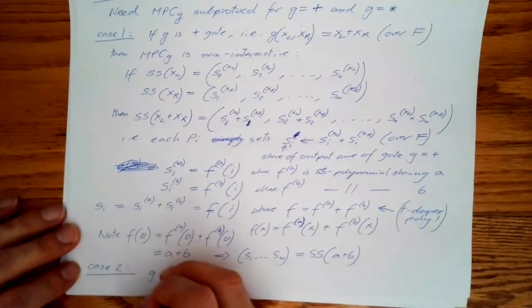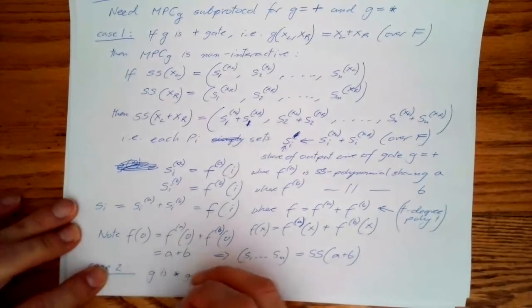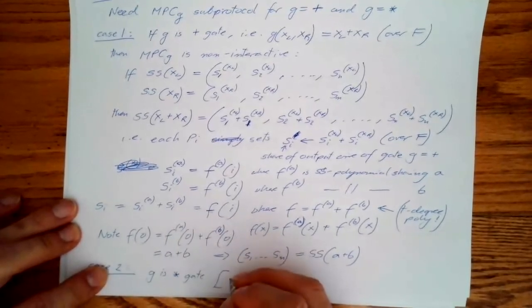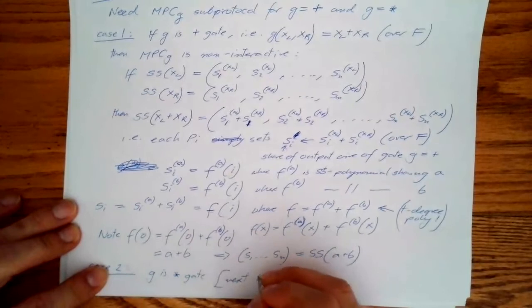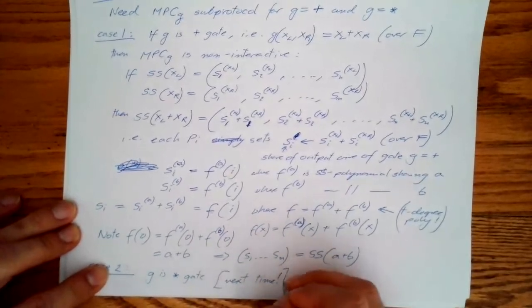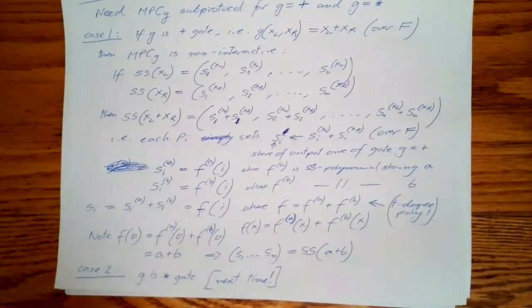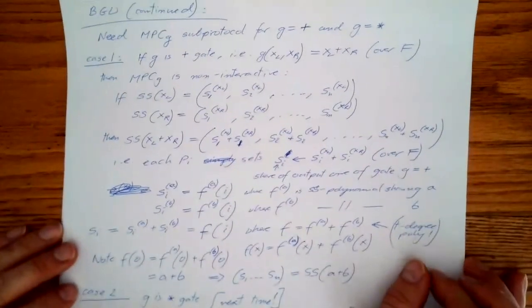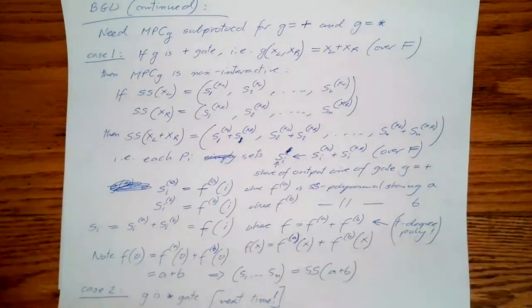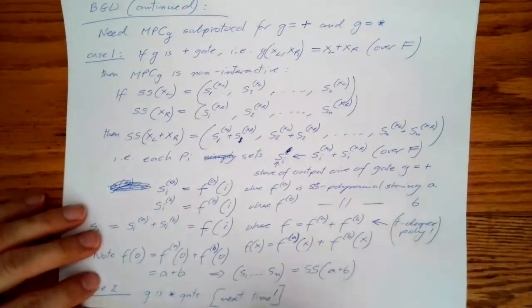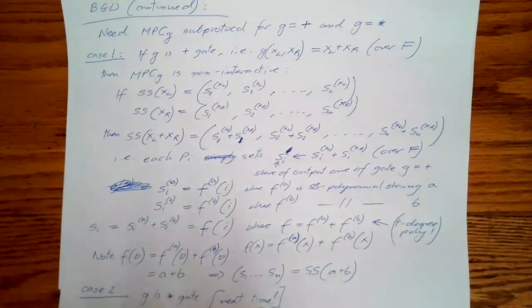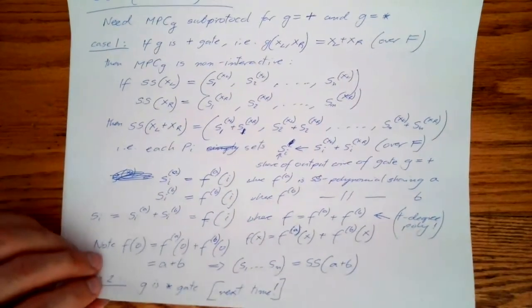Case 2, G is a mult gate. Next time, yes. I keep spilling over time, but there's really no reason to do so. Yeah, so we'll see how to do the mult gate, and also we'll see how to make it secure against malicious parties using the verifiable secret sharing concept.